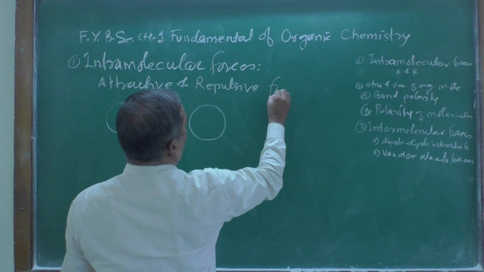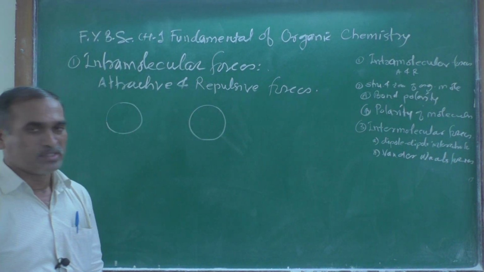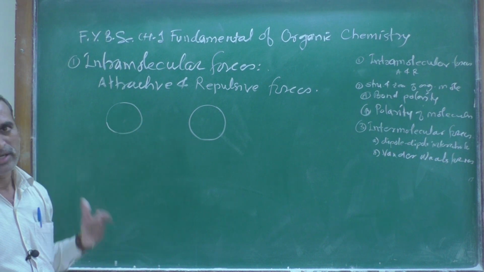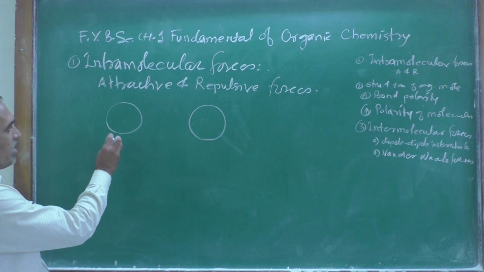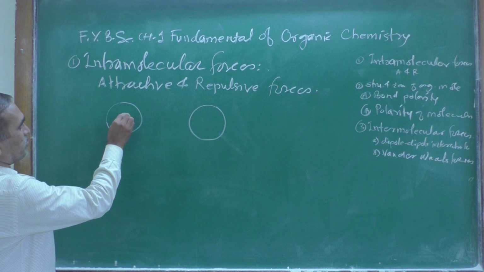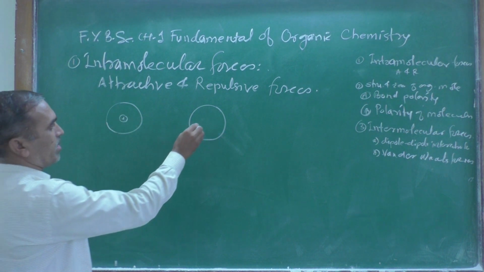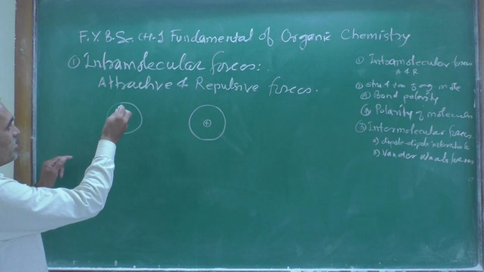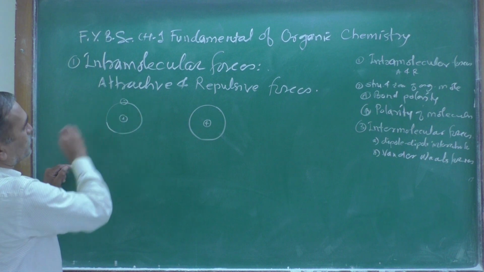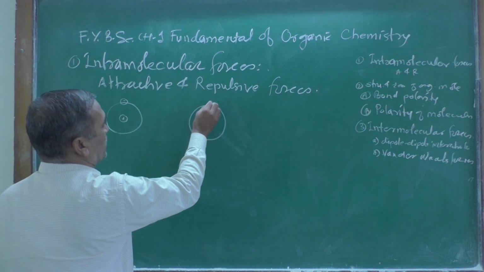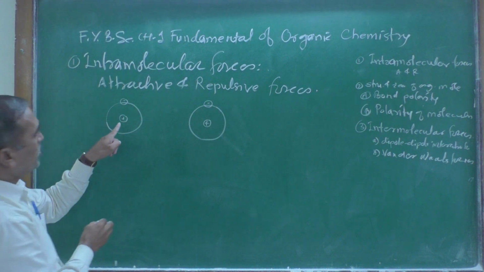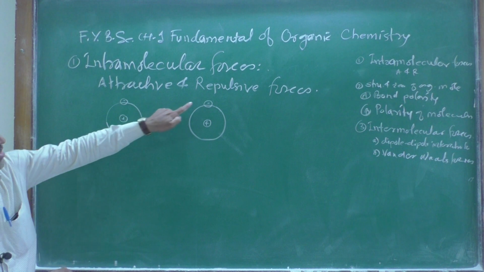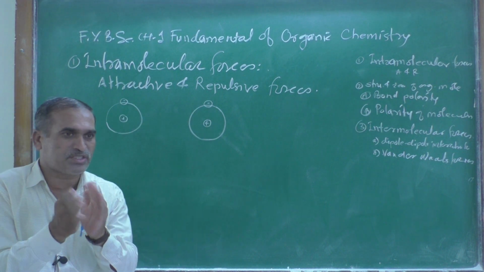Each atom consists of a positive charge in the nucleus, and around that revolve electrons, which are negatively charged. Suppose this electron and this electron have the same charge.